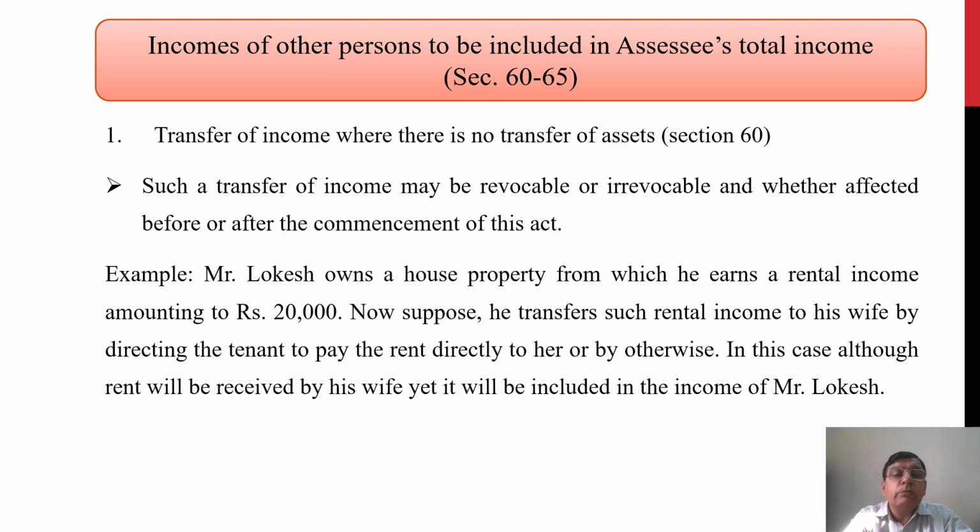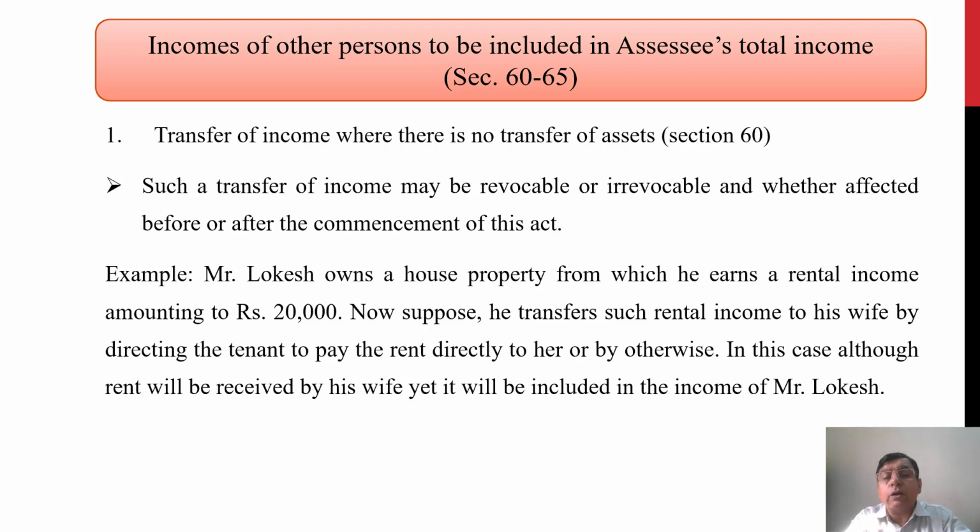For example, Mr. Lokesh owns a house property from which he earns rental income amounting to rupees 20,000. Now suppose Mr. Lokesh transfers the rental income to his wife by directing the tenant to pay the rent directly to her, or otherwise.